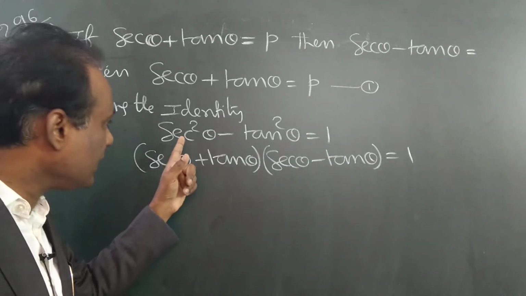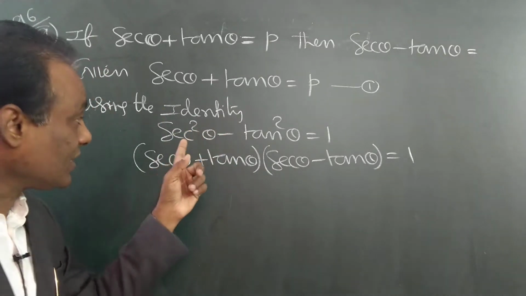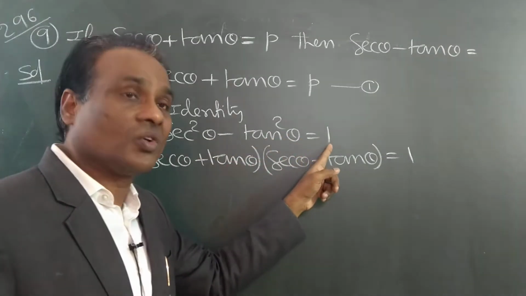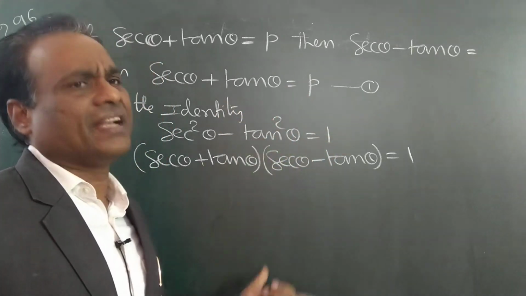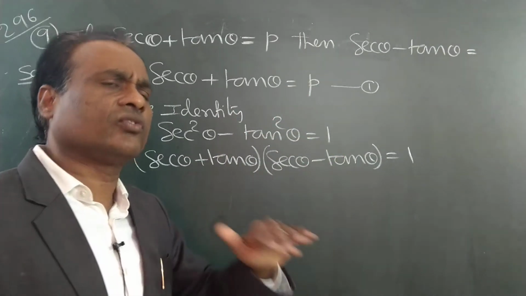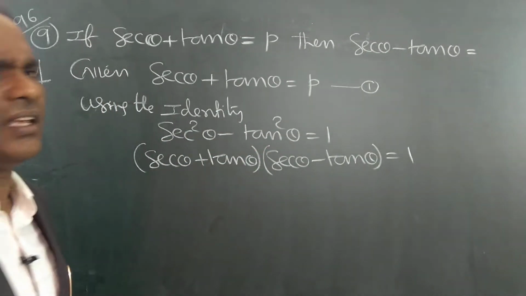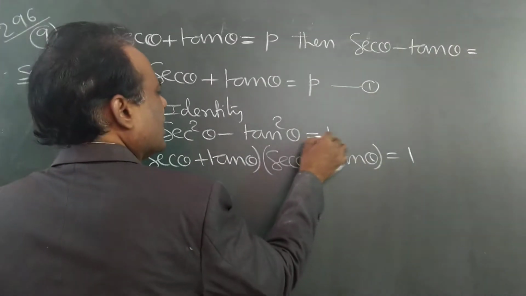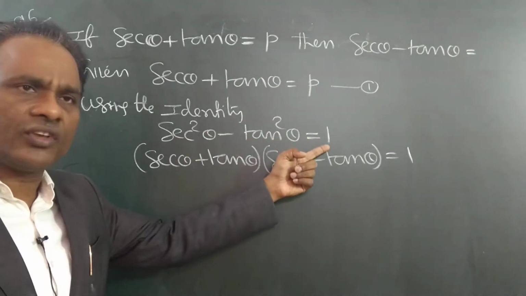There is a formula in secant and tan. Secant square minus tan square theta is equal to 1. This is also called an identity, because it is true for all the values. You can call it a formula or identity. So generally we call it an identity.